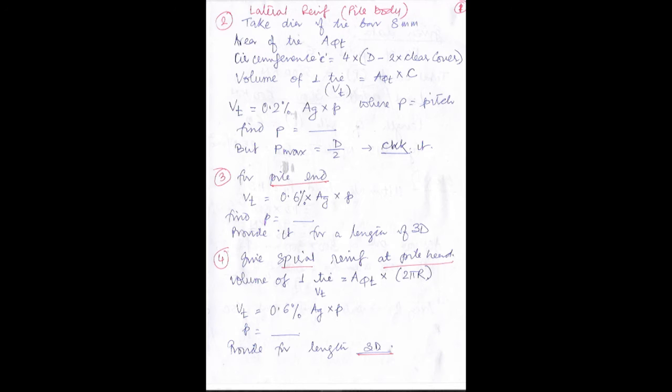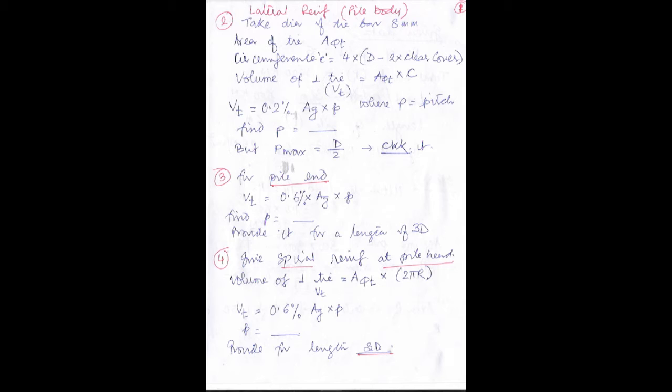Next is step number 2, that is the lateral reinforcement for the pile body. Again here you assume the diameter of the tie bar as 8 mm, that is the minimum you have to provide. The area of the tie bar you can find as pi by 4 multiplied by 8 square, pi by 4 d square, correct?